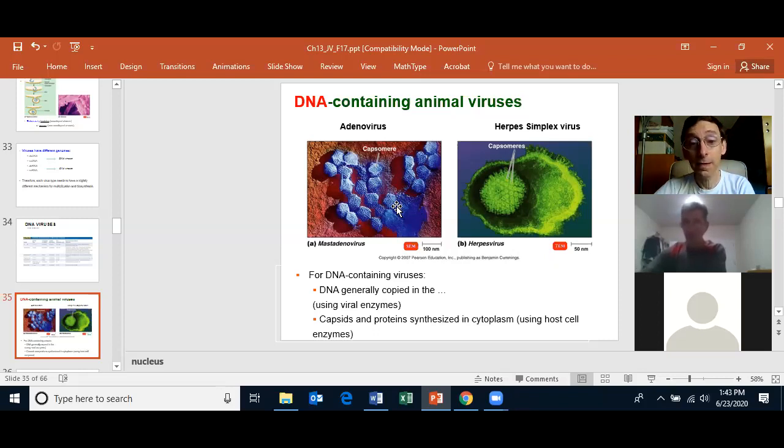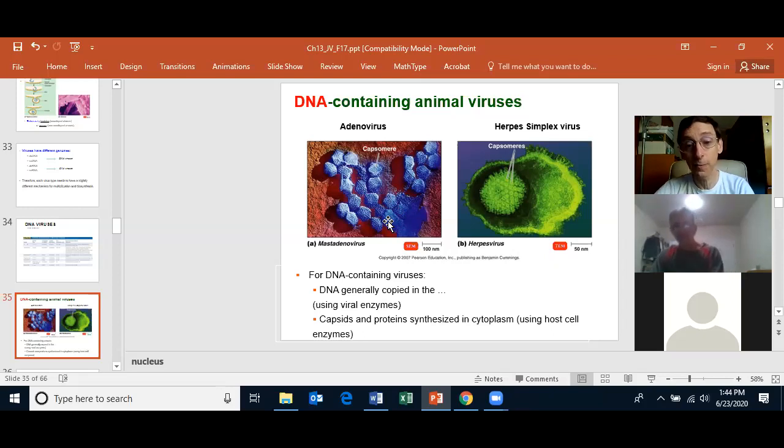And then the viral genome is transcribed, and the messenger RNA is moved into the cytoplasm. And in the cytoplasm is where the capsids and the viral proteins are synthesized. And why that is, meaning the virus replicates its proteins in the cytoplasm of the animal cell, is that's where the ingredients are for the virus to replicate all of its proteins.